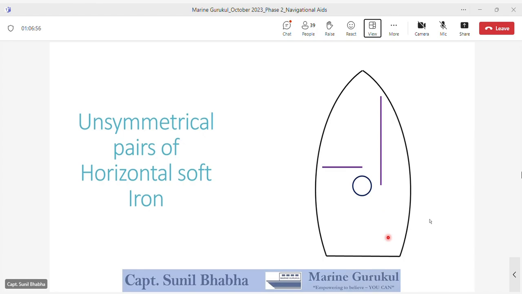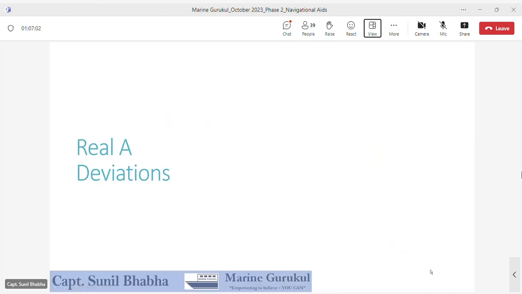Okay, let me go further into detail. Now let's try to understand if we have such a configuration of horizontal soft iron on board a ship, so these kind of structures are present. How do they result into a real A coefficient?